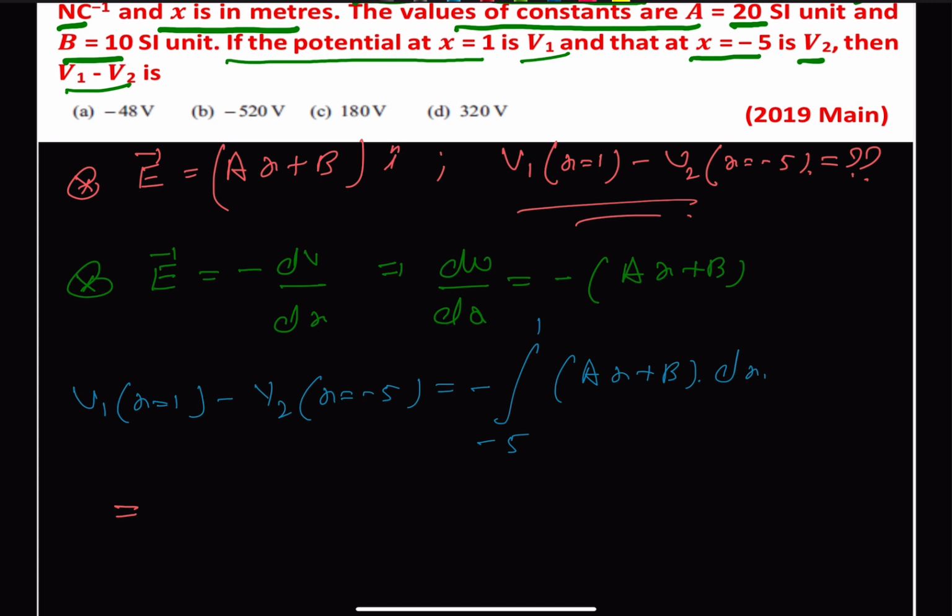So we get minus integral from minus 5 to 1 of (20x + 10) dx. Now we can simply integrate them. We get 20x squared divided by 2, that is 10x squared, plus 10x. Limit of integration is minus 5 to 1, with the minus sign.